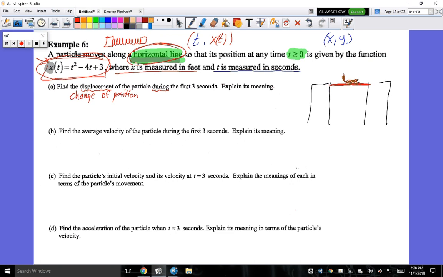Believe it or not, you've been doing displacement for a long time. Displacement comes from a piece of what you've been doing since Algebra 1. Guess what part of this fraction is displacement? The numerator. Change in position is what displacement is.